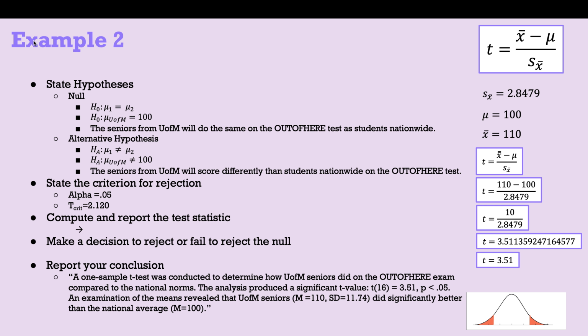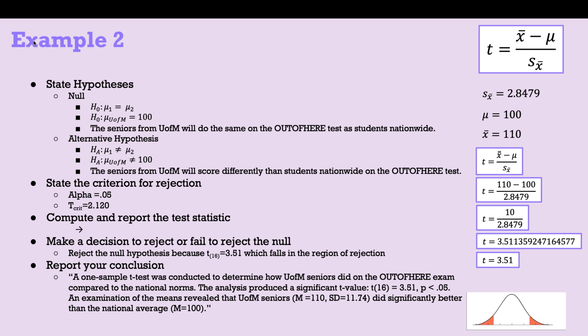So now we need to make a decision, and we reject the null hypothesis because t subscript 16, right, so degrees of freedom, equals 3.51, which falls within the region of rejection, and we report our conclusion. A one-sample t-test was conducted to determine how University of Memphis seniors did on the out-of-here exam compared to the national norms.